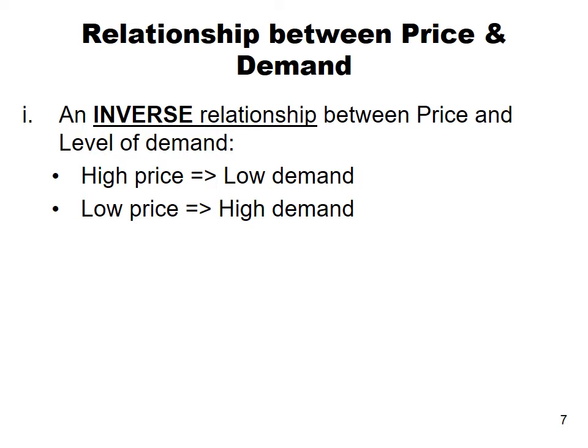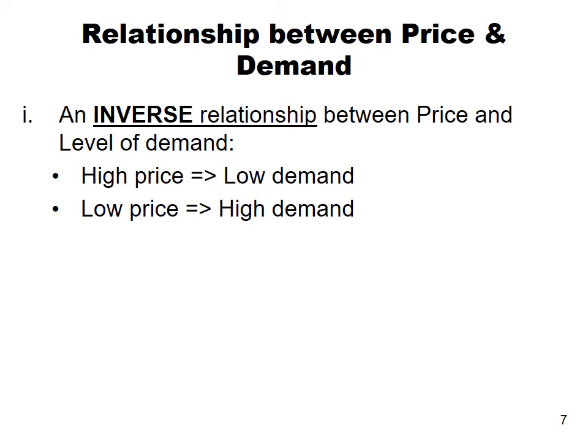Usually, that's the case. However, there are certain situations where a high price still leads to high demand, such as the iPhone, because the high price of the iPhone is deemed to be a premium.